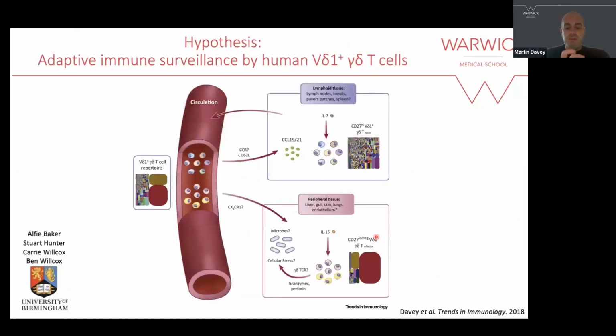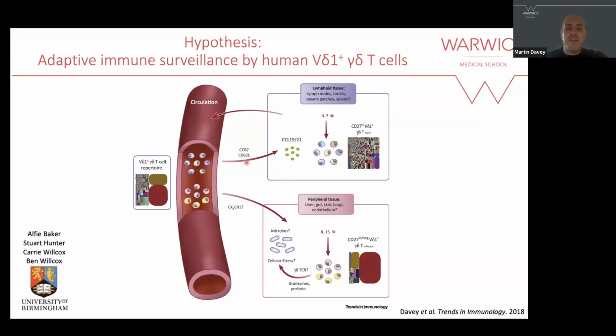So to bring some of that together under a hypothesis, this is what we put forward as maybe what's happening with these V delta 1 repertoires. In the circulation, you've got quite a mixed population of naive and clonal populations, and these naive cells might be driving towards lymphoid tissue using molecules like CCR7 and CD62L, and being drawn there by chemoattractants such as CCL19 and 21.